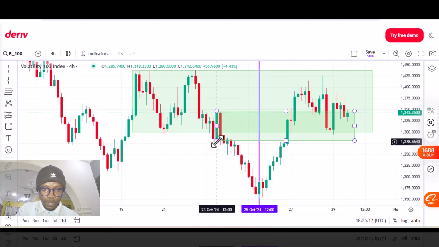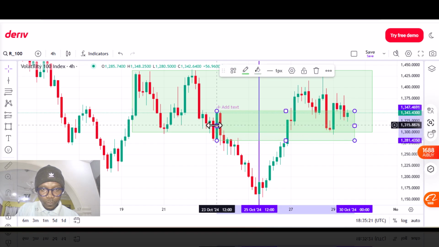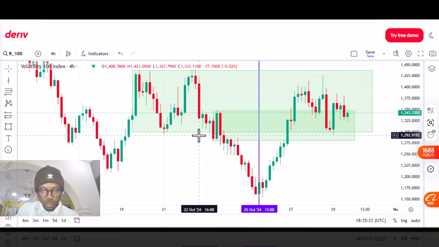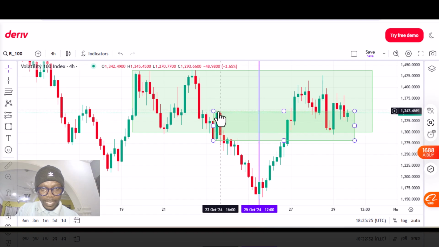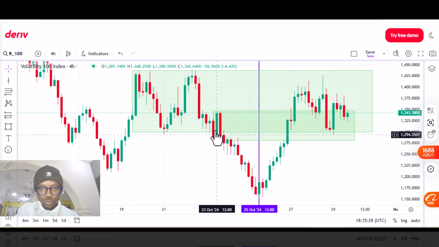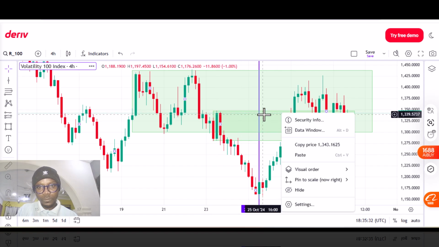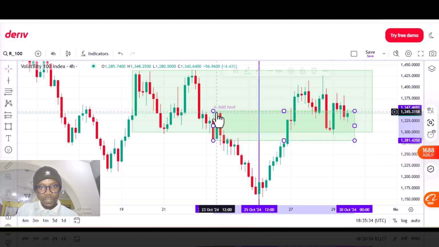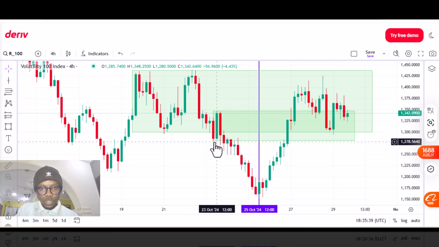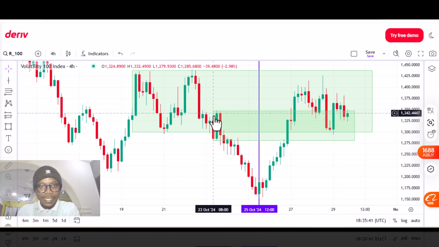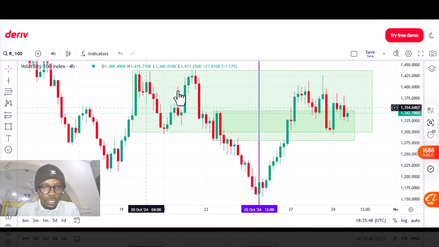So now watch this. From this swing low to this swing high is our first one after the consolidation.